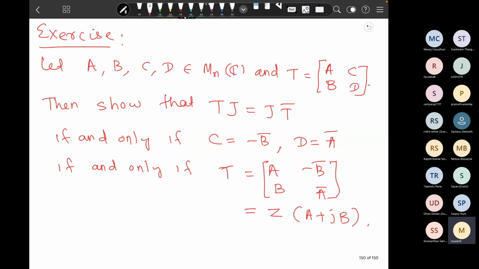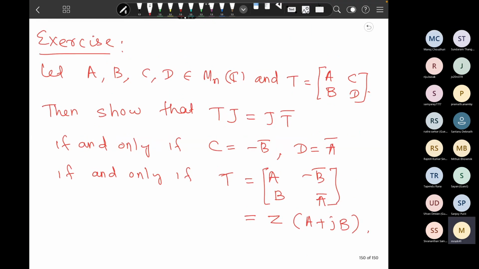So now, this basically tells you something about the reverse map, right? It says that if TJ is equal to JT bar, then in M2N C, it has to be of this form Z of A plus JB. That is also clear from the definition, but just to see this thing in a different way.